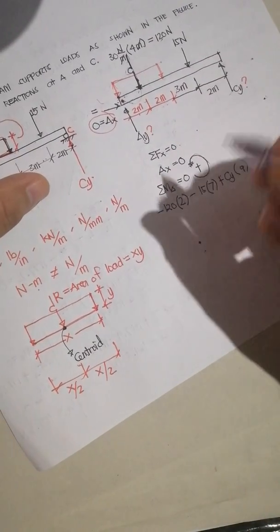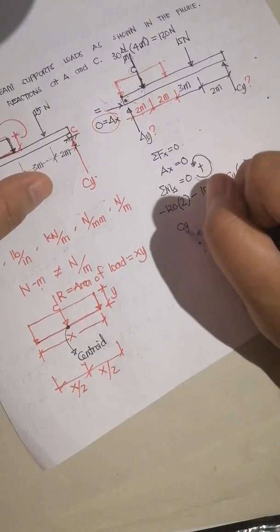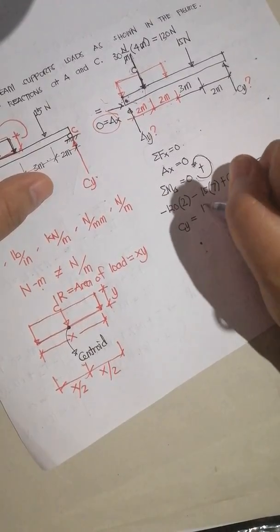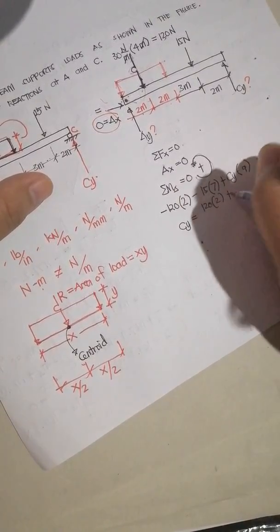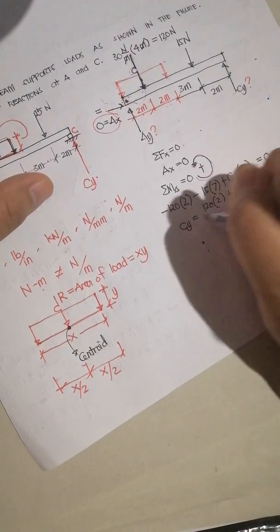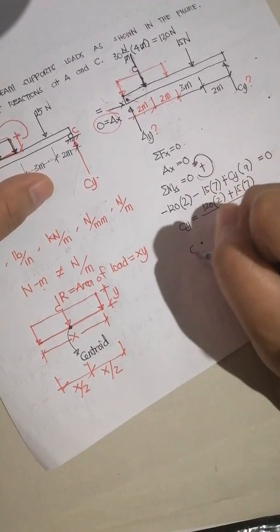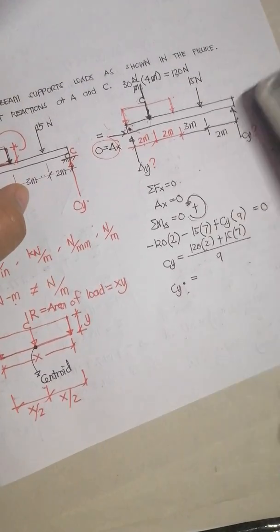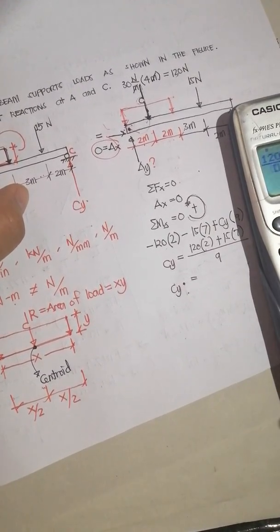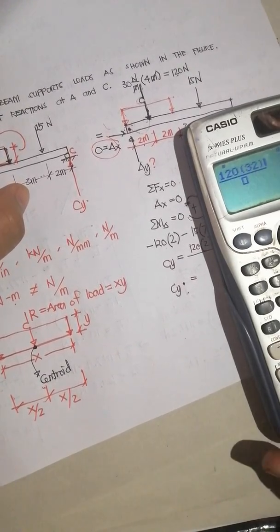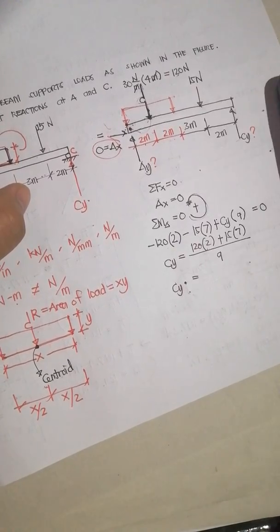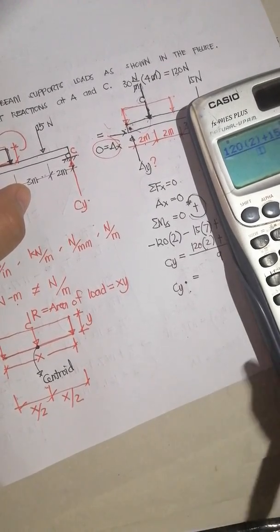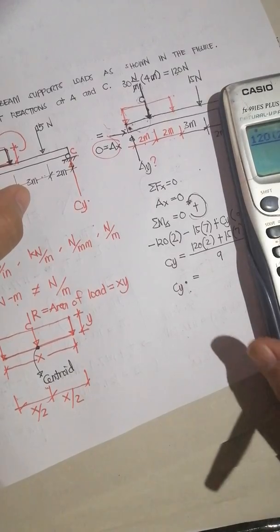That equals 0. So Cy therefore is 120 times 2 plus 15 times 7, all over 9.